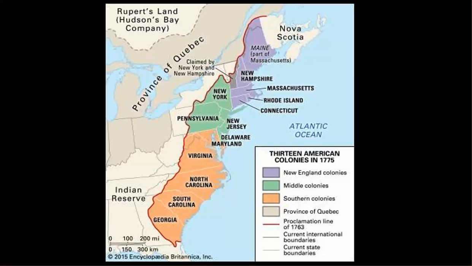Now, the 7 Years' War redrew the map of the world, and it created a lot of drama in the colonies as well. That drama really exploded in Pennsylvania. This war shattered the control of the old Quaker elite, and it ended Pennsylvania's policy of dealing fairly with Native people.